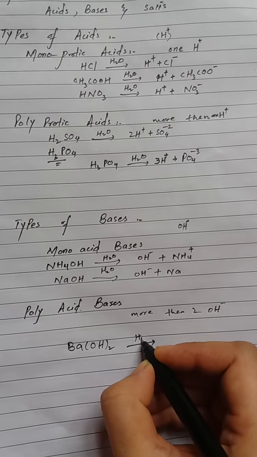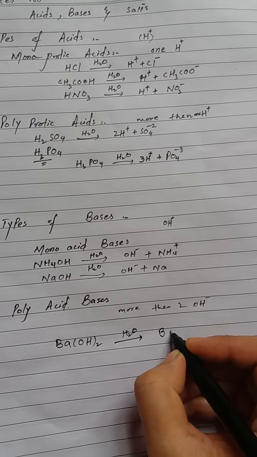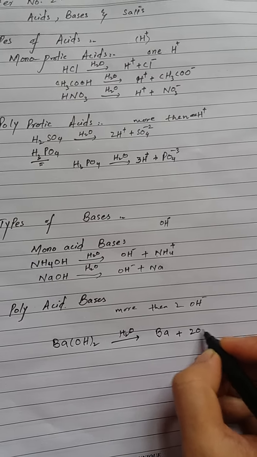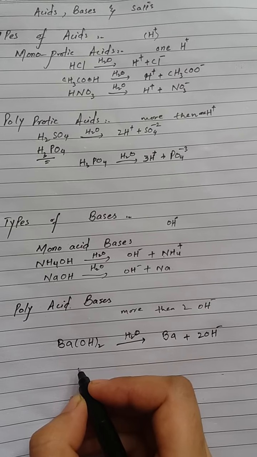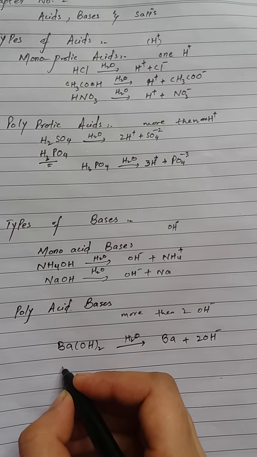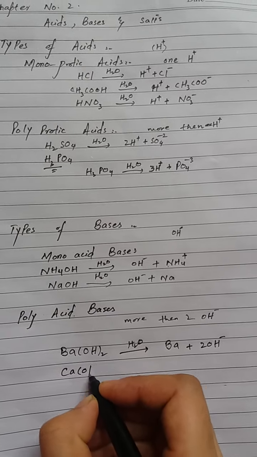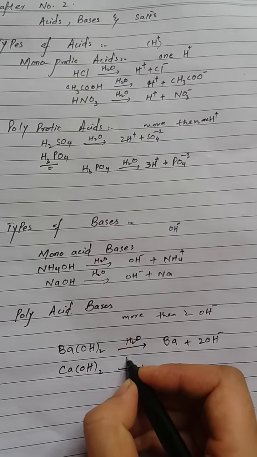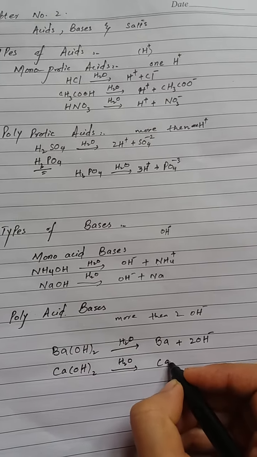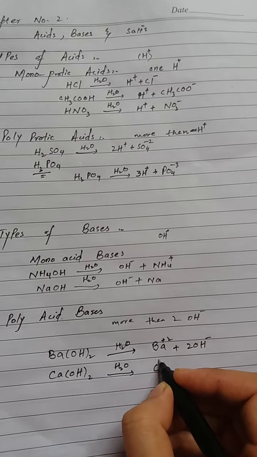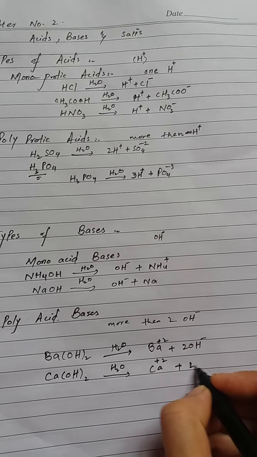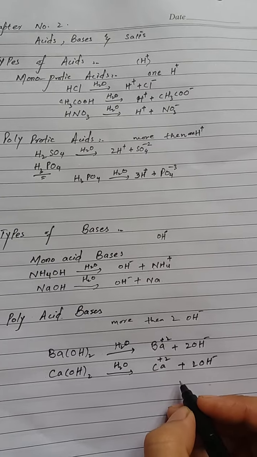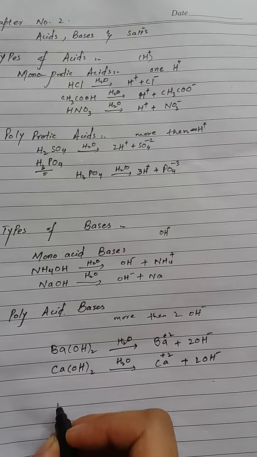When it is added to the water, it produces two hydroxide ions. Similarly, Ca(OH)2, calcium hydroxide, when it is added to the water, produces two hydroxide ions.